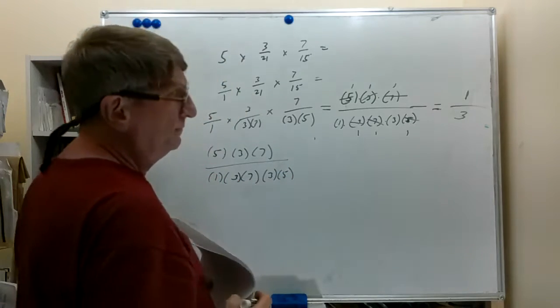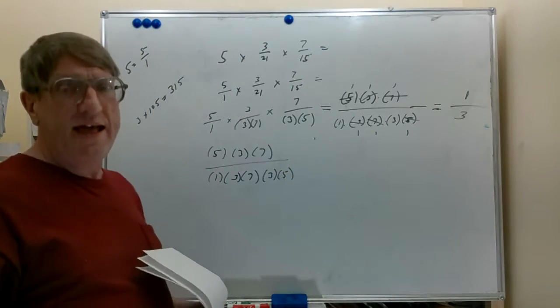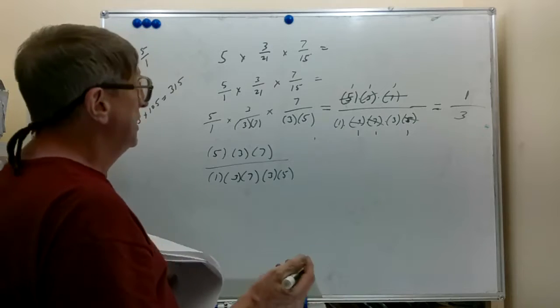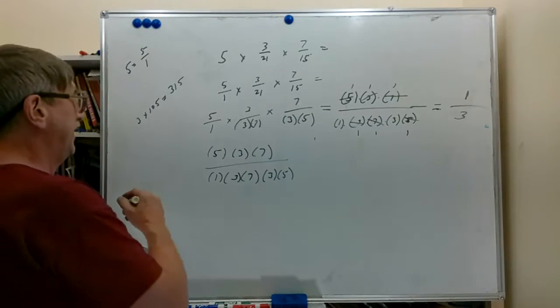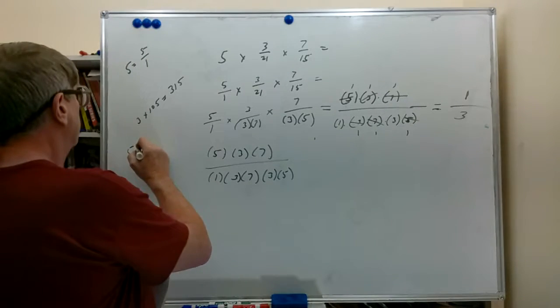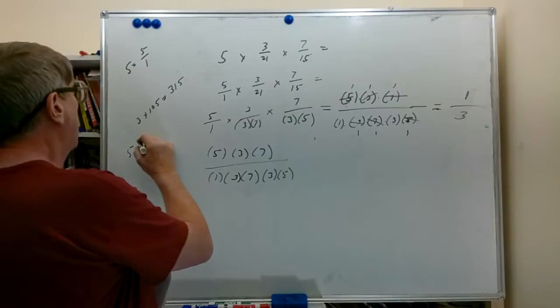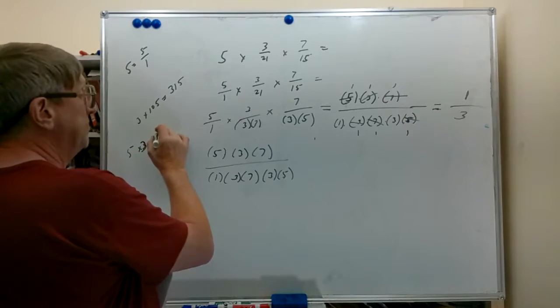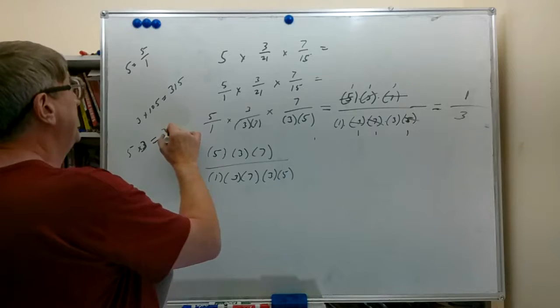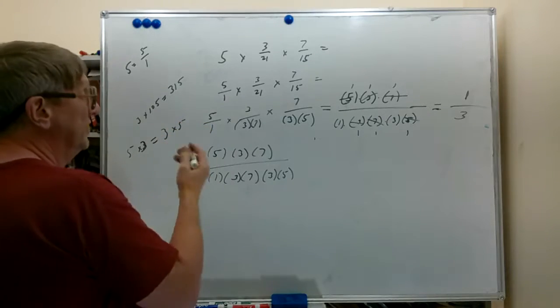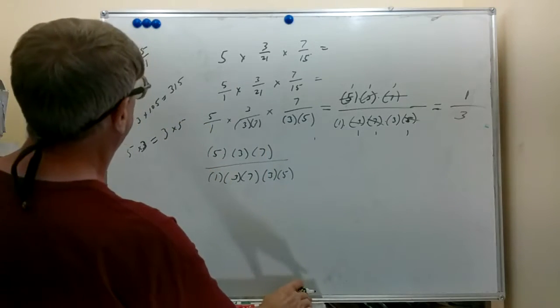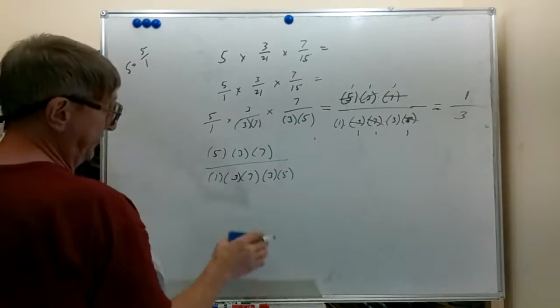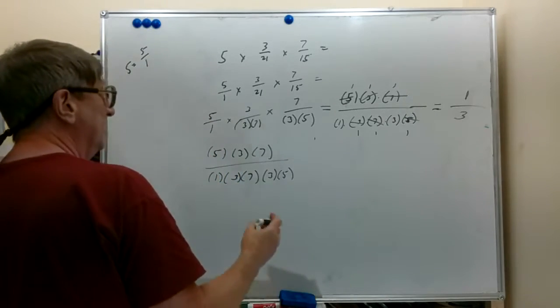Now we talked in the last lesson about multiplication being commutative. The order didn't matter. 5 times 3 is equal to 3 times 5. So we can change the order of these multiplications all we want without changing the value.